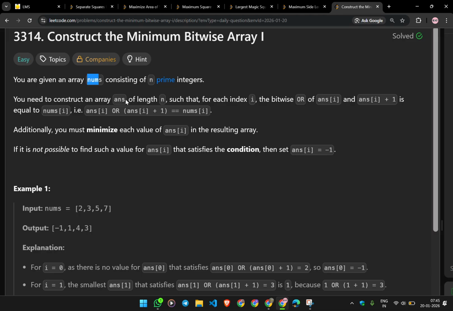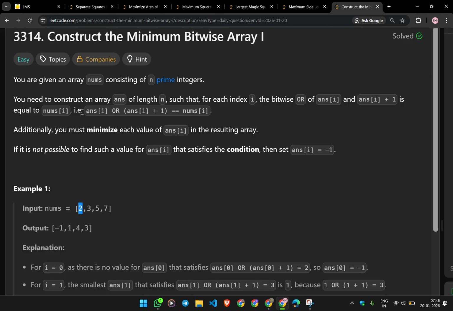You need to construct the array answer of length n such that for each index i, the bitwise OR of answer of i and answer of i plus 1 is equal to nums of i. So we have to calculate the OR of answer of i and answer of i plus 1, and their OR should be nums of i.